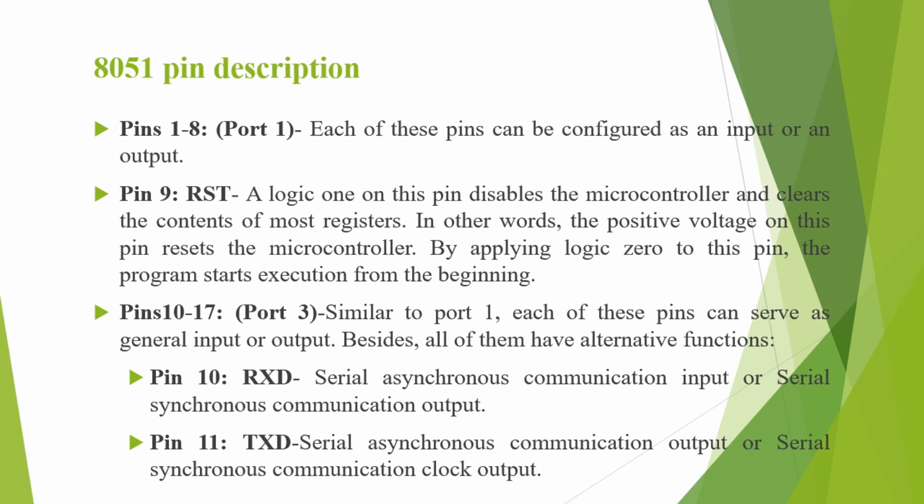Each of these 8 pins can be configured either as input line or output line. Pin 9 RST, reset pin. Logic 1 on this pin will disable the microcontroller and clear the content of most of the registers. That is, if positive voltage is given, then it will reset the microcontroller. Whereas if logic 0 is applied to this pin, then the program starts execution from the start.